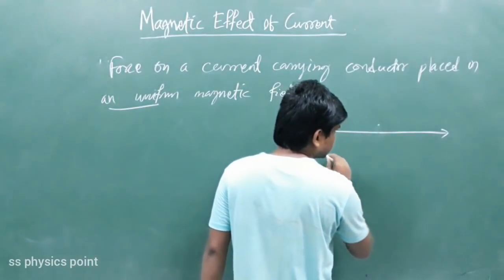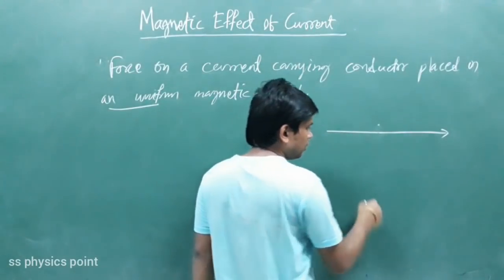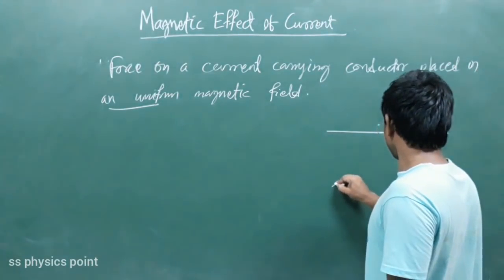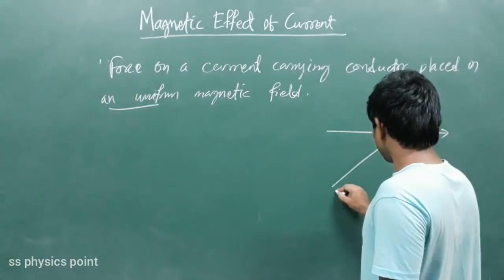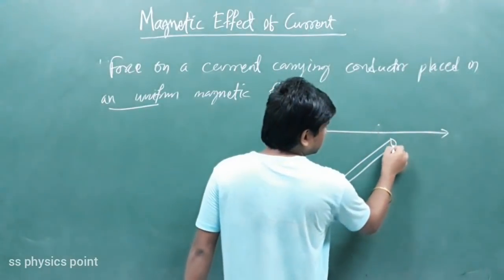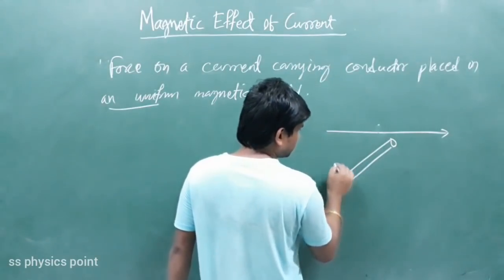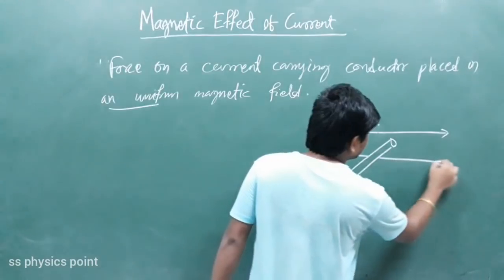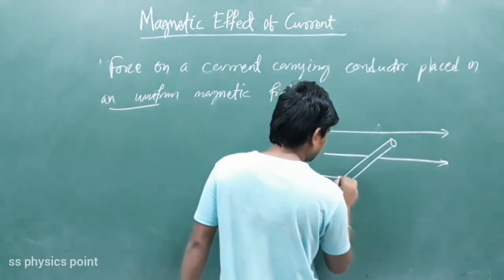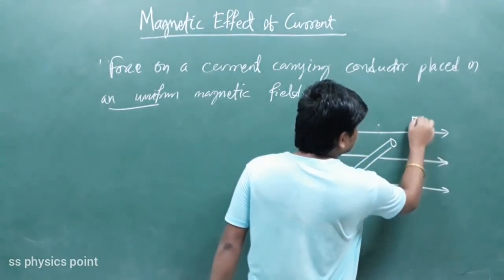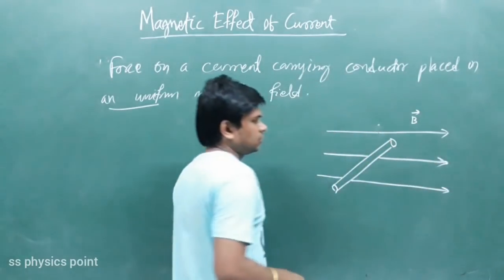Suppose the magnetic field is along this direction, and you are keeping a conductor like this. This is a conductor, placed in the magnetic field, which is in this direction. So this is the direction of B, and this is a conductor.